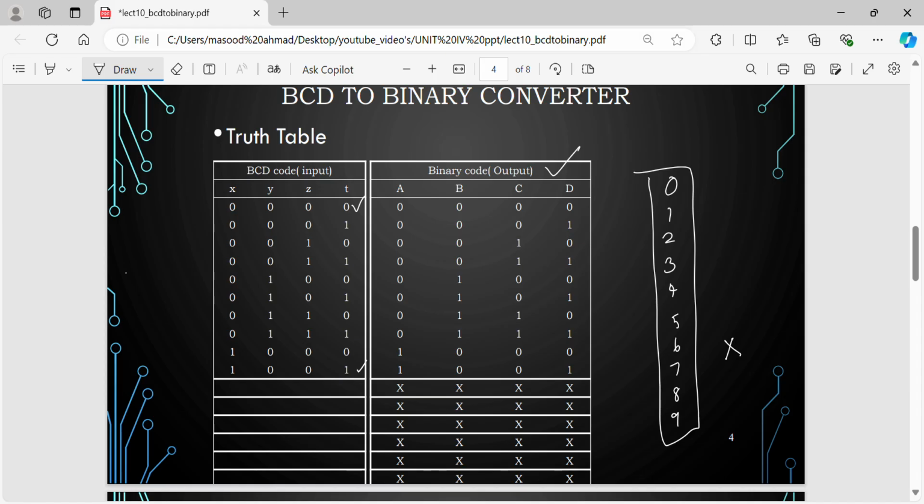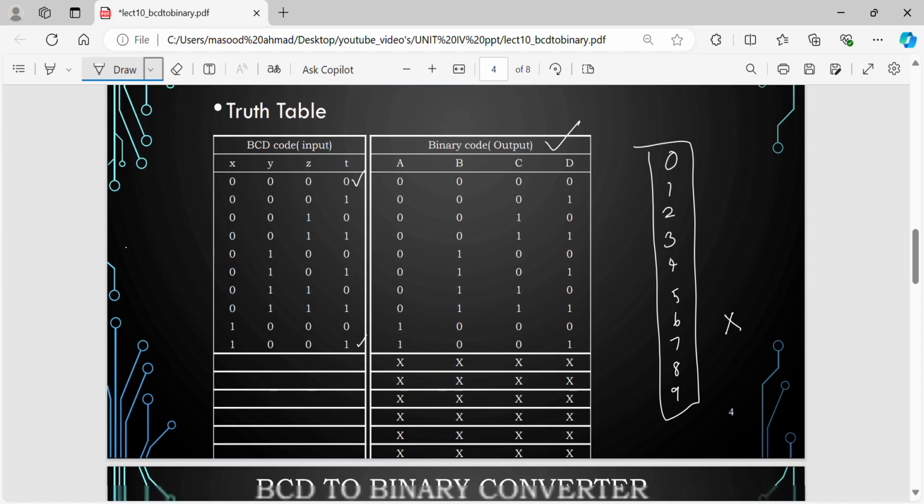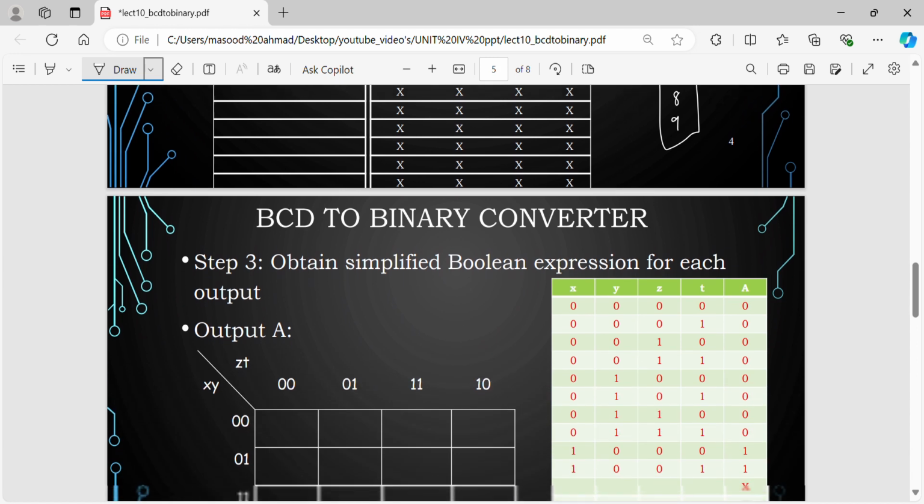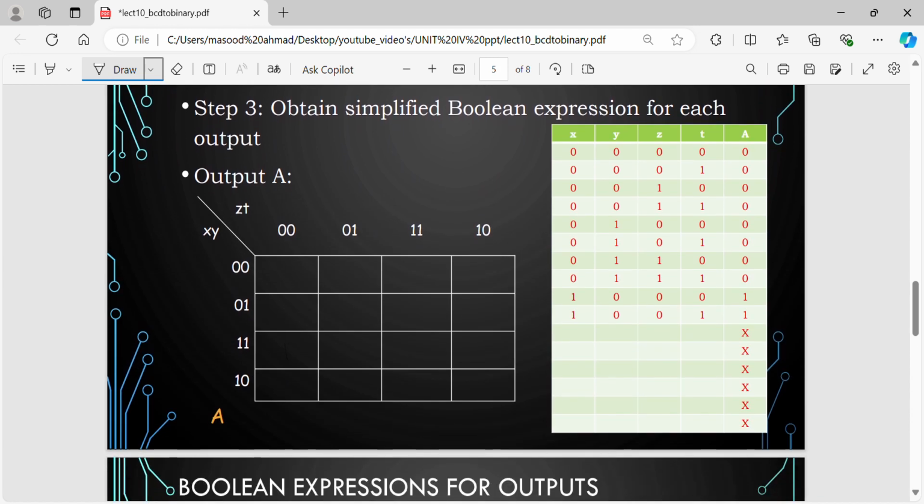From this what we try to do is express output A in terms of inputs. We convert that information into a K-map, and for every output there is a K-map, and we will enter those values. From that we are going to get the expressions for the outputs A, B, C, D. Now if you look here, these values I need to enter into the map.